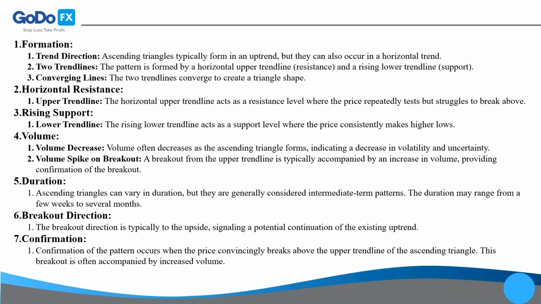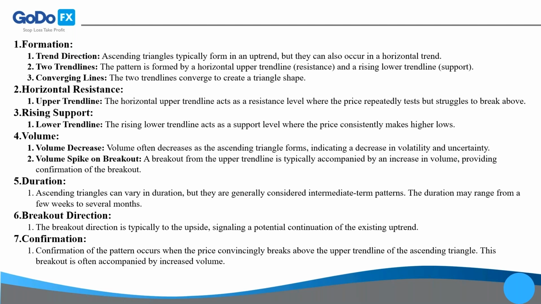Now, concerning the key characteristics of it, ascending triangles typically form in an uptrend, but they can also occur in a horizontal trend. The pattern is formed by a horizontal upper trend line, the resistance, and a rising lower trend line, the support line. The two trend lines converge to create a triangle shape.